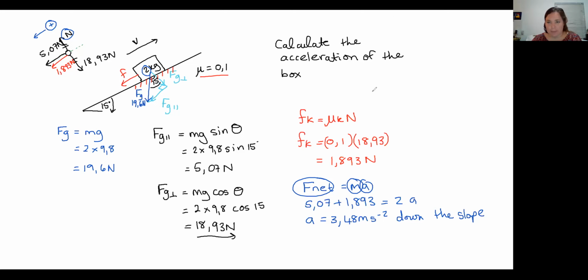There is a little sneaky sneak that you are allowed to do sometimes, but it's only for objects that are in equilibrium. So if an object here were in equilibrium, you can sometimes do a really clever calculation, and I'm going to quickly just show it to you. If an object's in equilibrium, its component of its weight down the slope is equal to the frictional force, and the normal force is equal to the component of weight perpendicular.